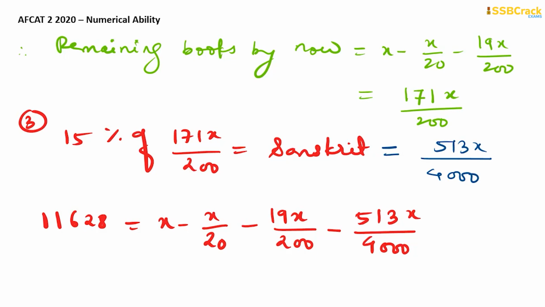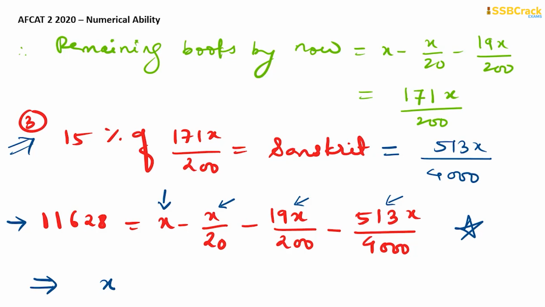You get this final step of calculation, that you get the total remaining books after the third step, that is the calculation of Sanskrit books. So from total books you are subtracting the books of English, Hindi and Sanskrit. Now you are getting the remaining, which is equated to the given number, 11,628. So you shall calculate this and get the answer.